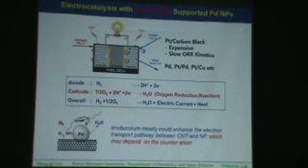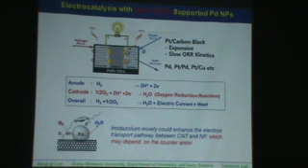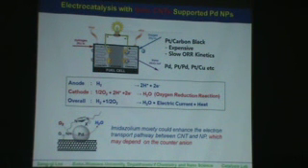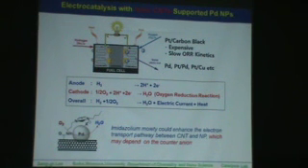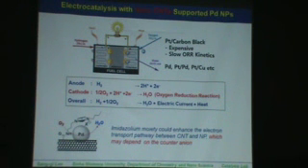Now our interest moved to utilizing the ionic CNT-supported palladium metal particles in fuel cells, because the fuel cell is one of the green and very important energy sources in recent years. Many people are working here. Our idea was that for fuel cell catalytic reactions, oxygen reduction is one of the key reactions.